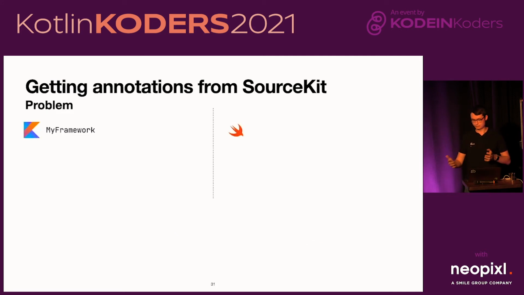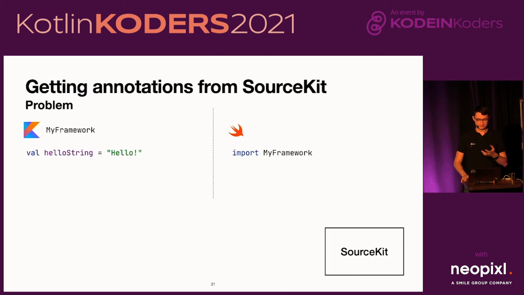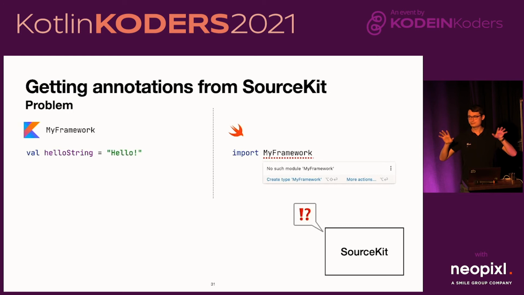Let's have a look at why this problem happens. We have my framework written in Kotlin, and we have some Swift file. In my framework, we have this hello string property. First, we import my framework in the Swift file, and SourceKit says, oops, I don't know this framework. That happens because the IDE knows about this framework and has all the symbols, but SourceKit doesn't care about Kotlin files.